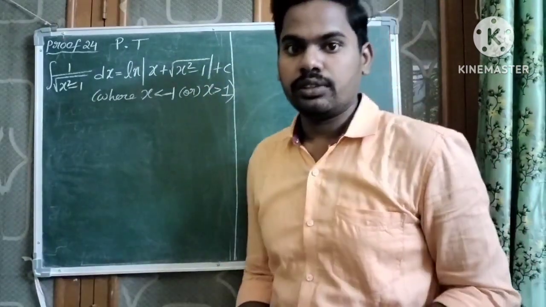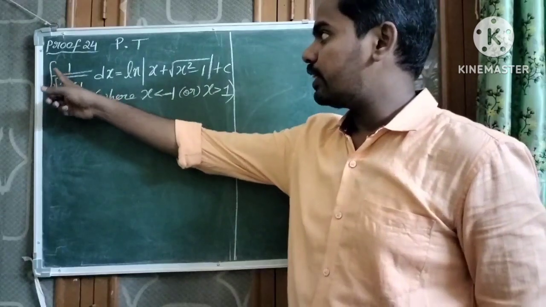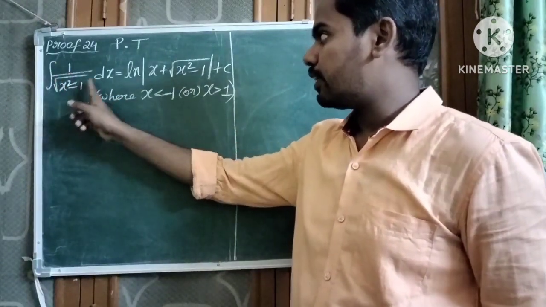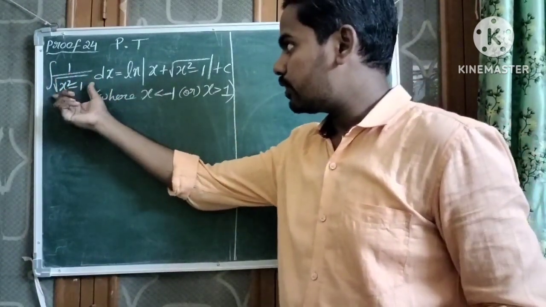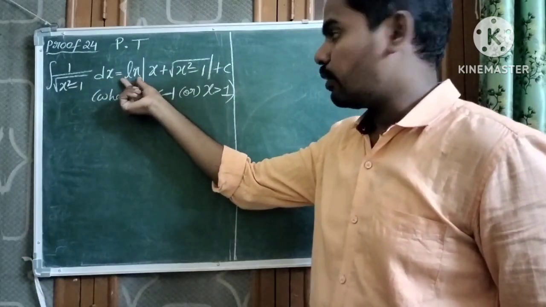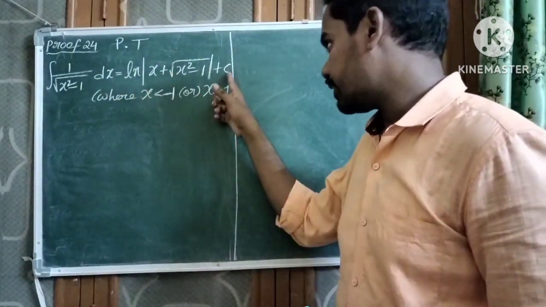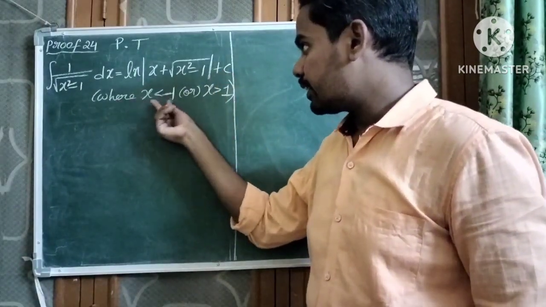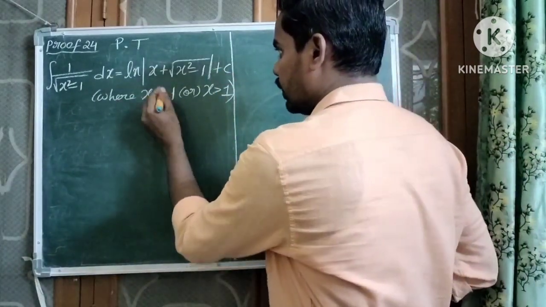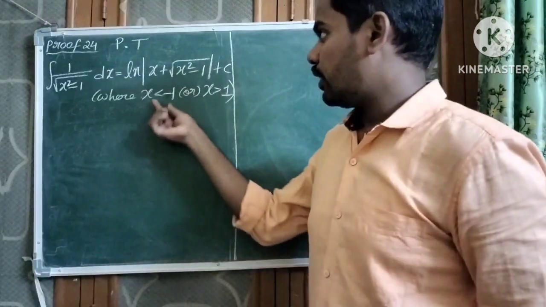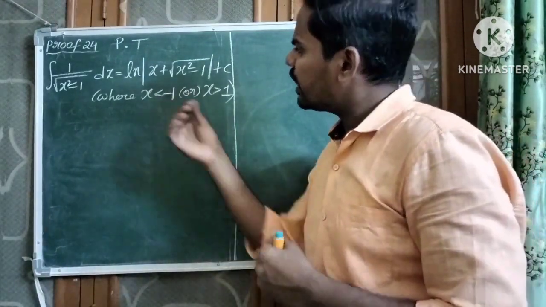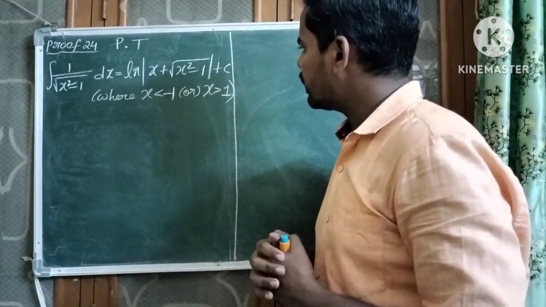Okay, so here we have to prove that the integral of 1 by root over x square minus 1 into dx is equal to ln modulus of x plus root over x square minus 1 plus c, where x less than minus 1 or x greater than 1. Why x less than minus 1 and x greater than 1?